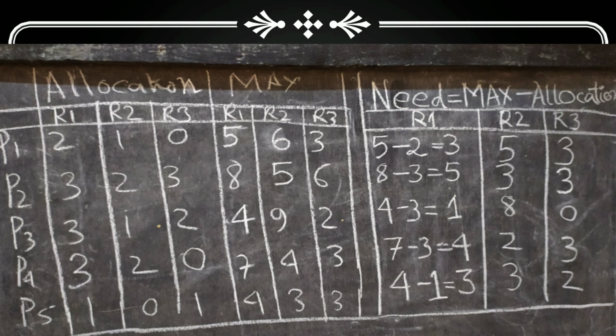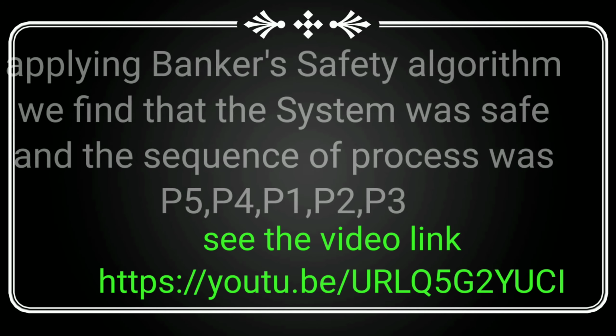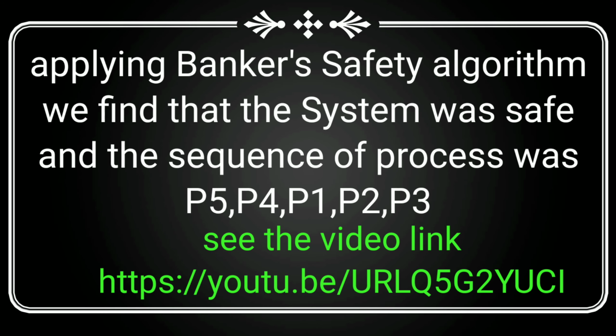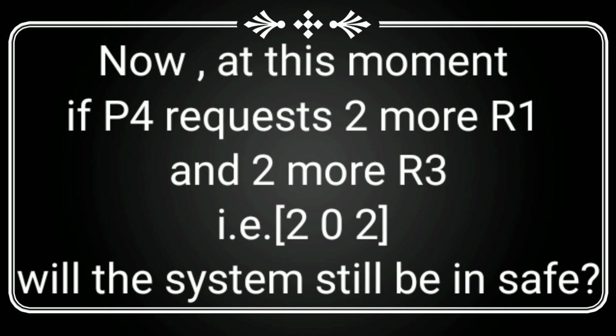That means 2 plus 3 plus 3 plus 3 plus 1, giving 12. So 15 minus 12, the current availability, is 3, and likewise for resource 2 and resource 3. We already explained this. Applying Banker's algorithm, we find the safe sequence is P5, P4, P1, P2, P3. If you want to recap or see the video again, the link is given below.